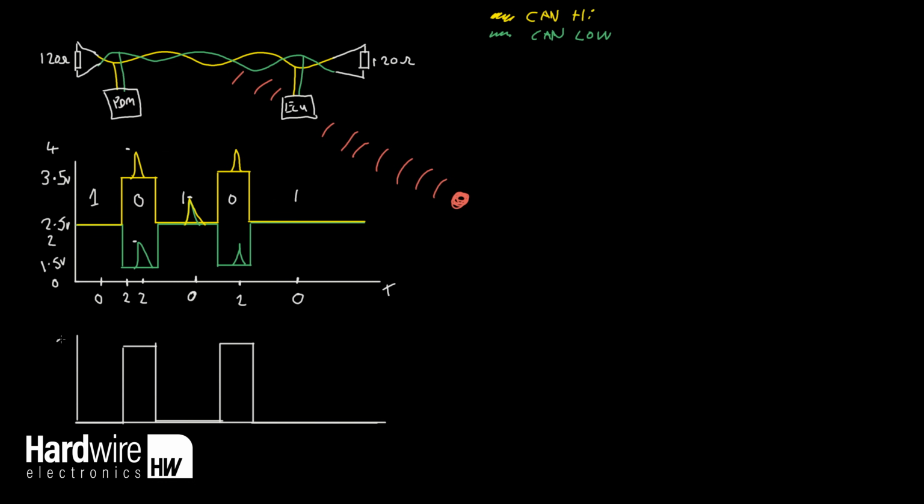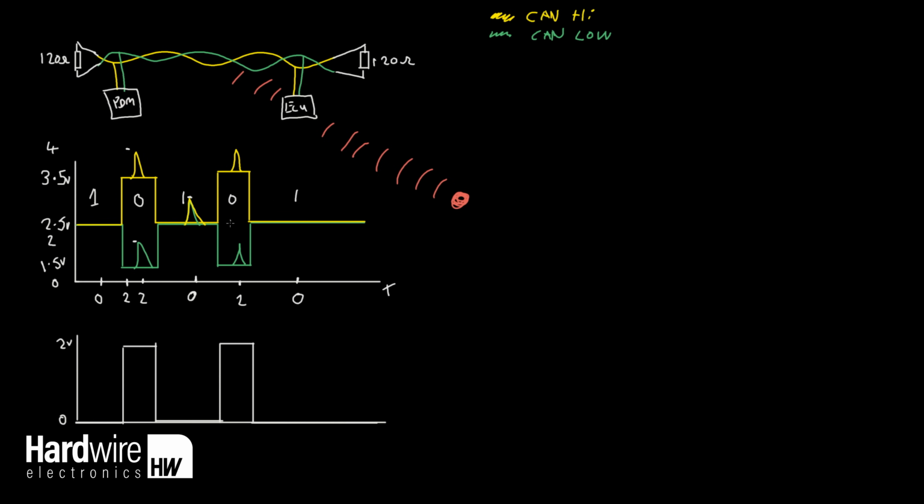This is going to be 2 volts, this is going to be 0 volts. So now you can see that simply by subtracting the CAN low voltage from the CAN high voltage, we have removed the voltage spikes that have been induced onto both signals.